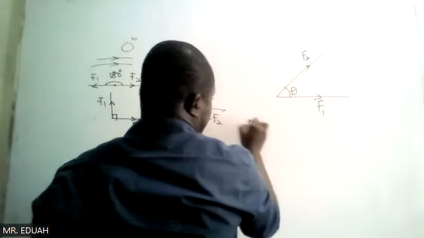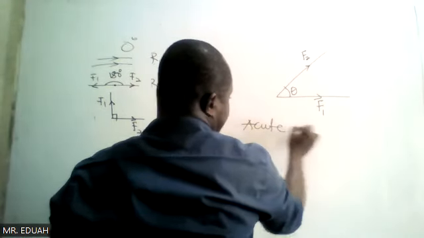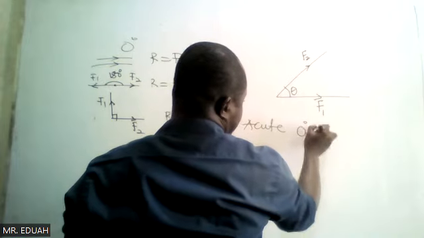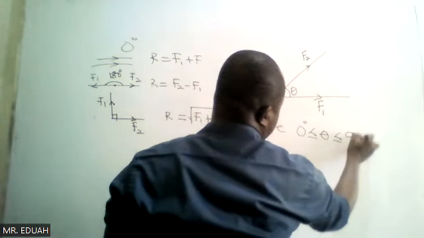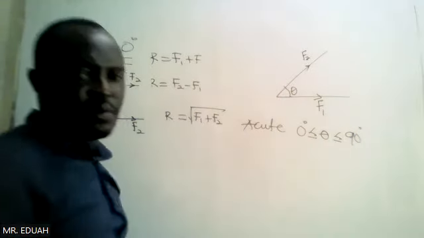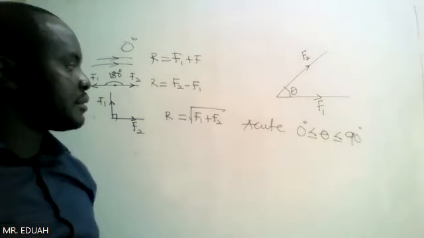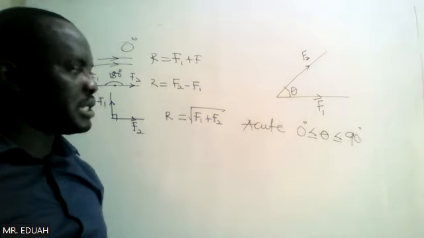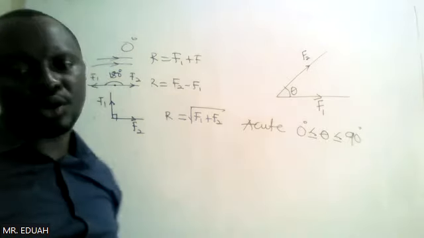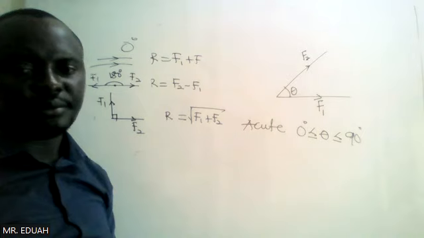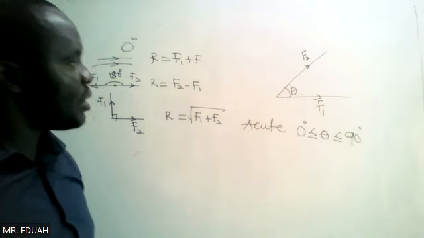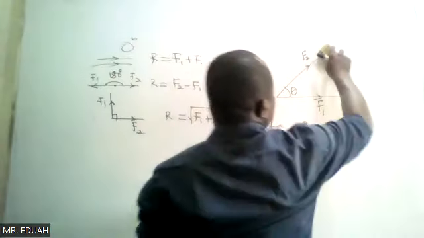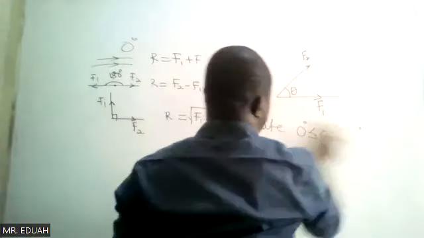So for an acute angle, the range is 0 degrees less than or equal to theta, less than or equal to 90. So this angle is any angle greater than 0 but less than 90.